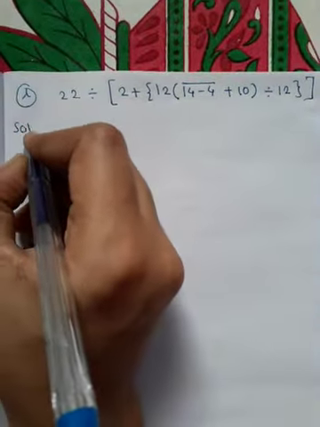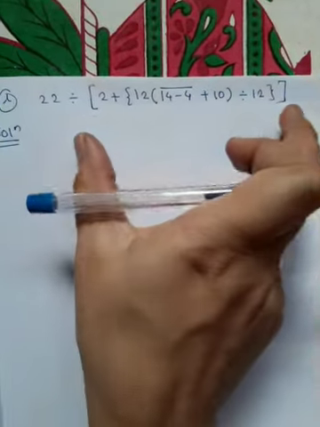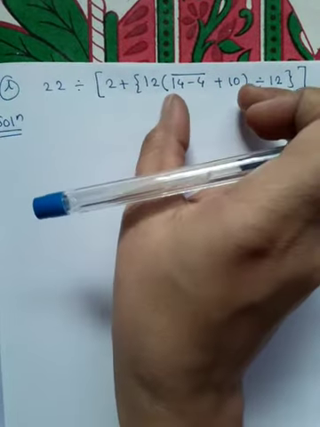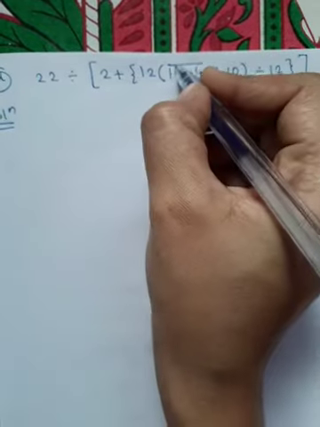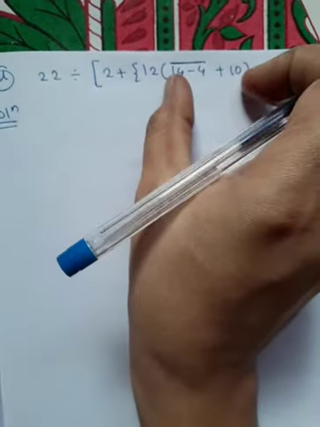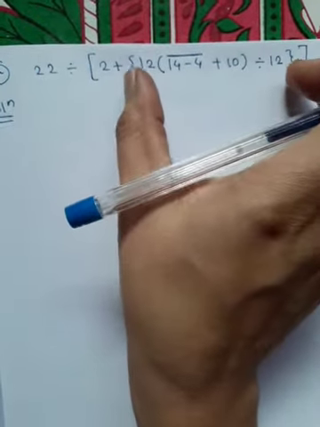Now see, in this example the innermost bracket is the line bracket, after that there is a round bracket, after that a curly and then square.